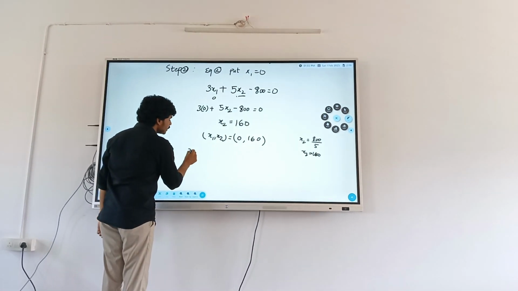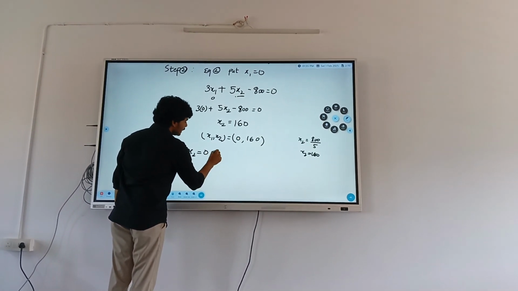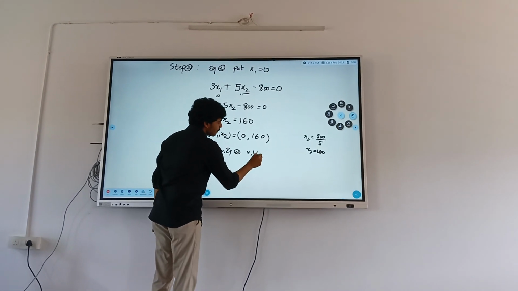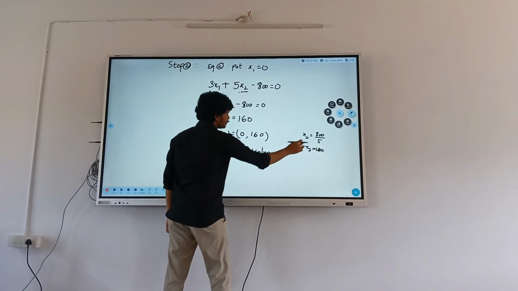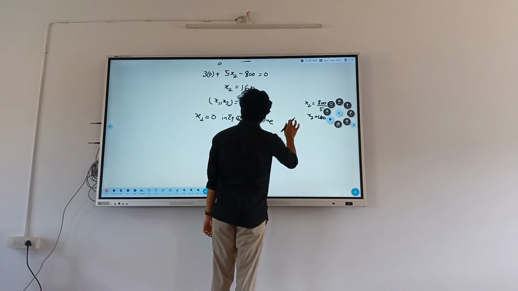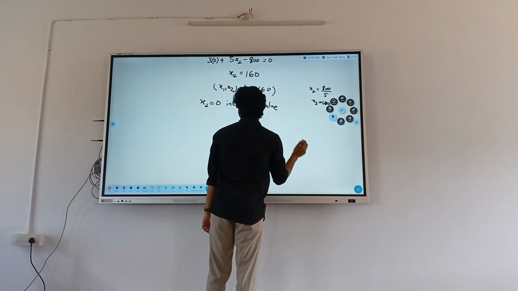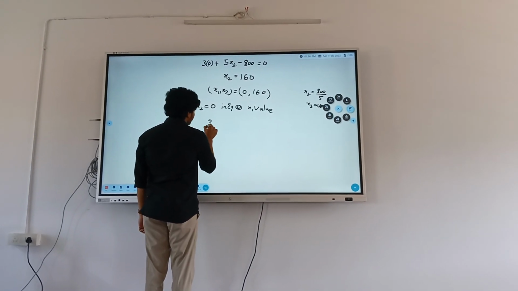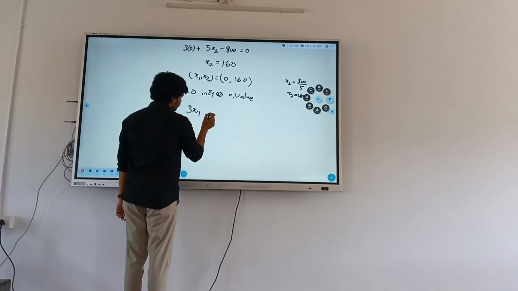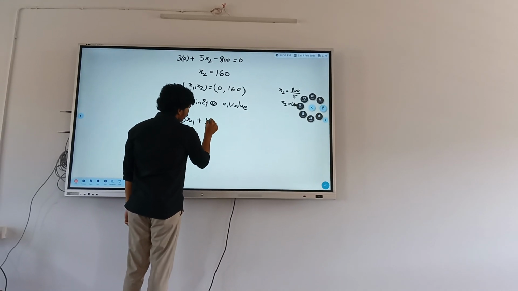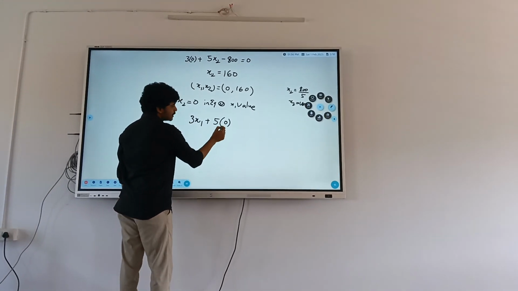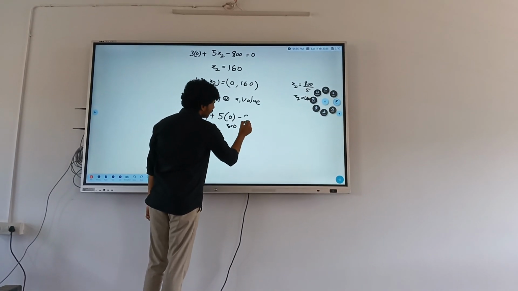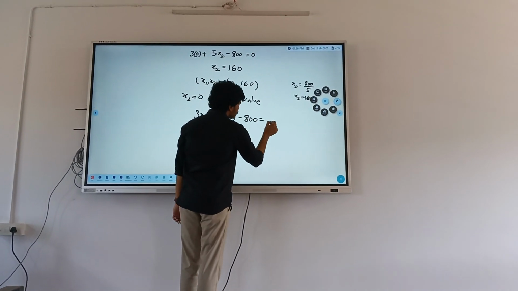If we substitute the x2 value as 0 in equation 2, we will get the x1 value. So 3x1 plus 5 of 0, because we assume x2 as 0, minus 800 equals 0.